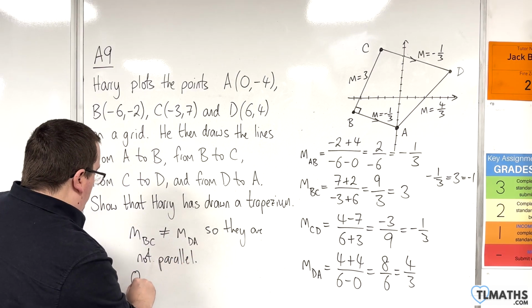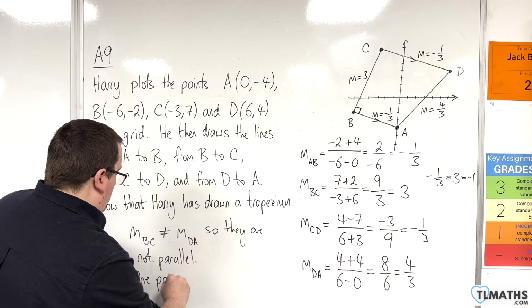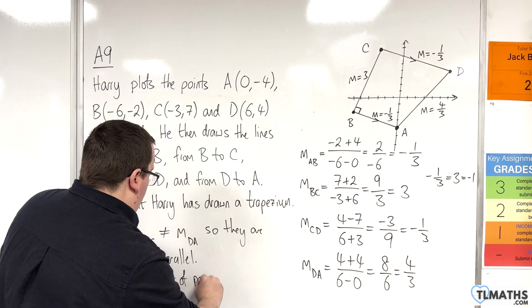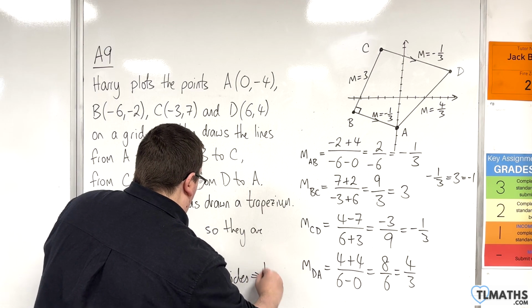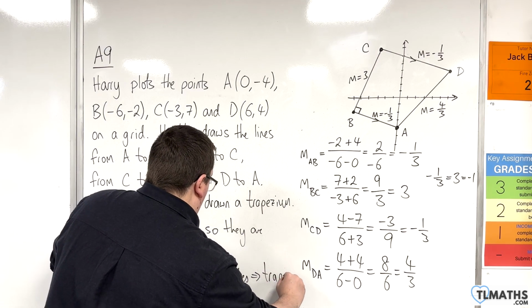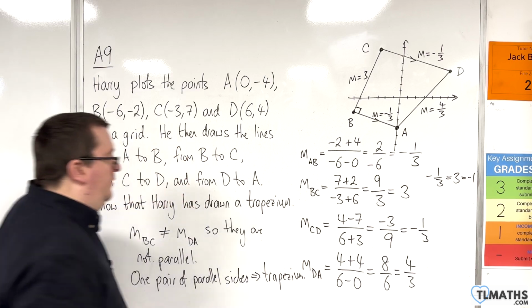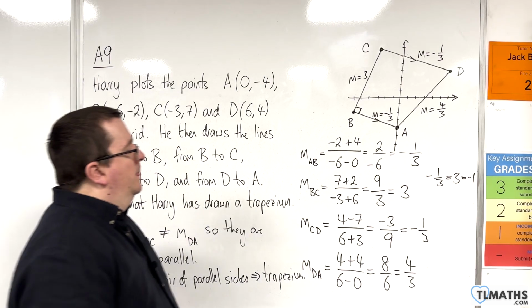So we have one pair of parallel sides, which implies that we have a trapezium.